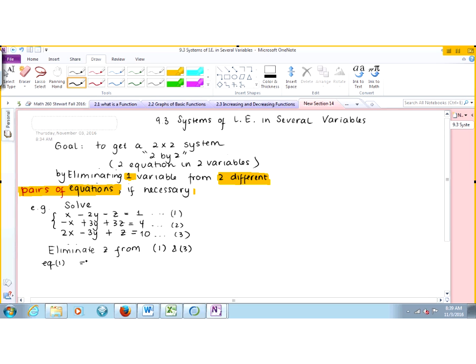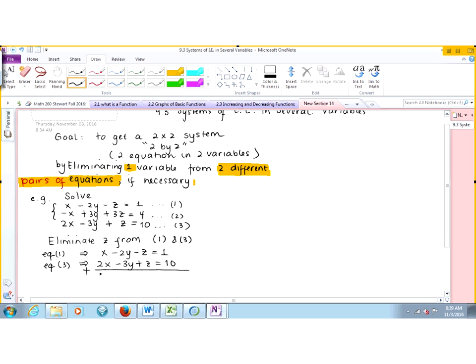So equation 1 we will just copy, and equation 3 we just copy both. So x minus 2y minus z is 1. Can I choose to eliminate x? Yes. Can I choose to eliminate y? Yes. So 2x minus 3y plus z is equal to 10.